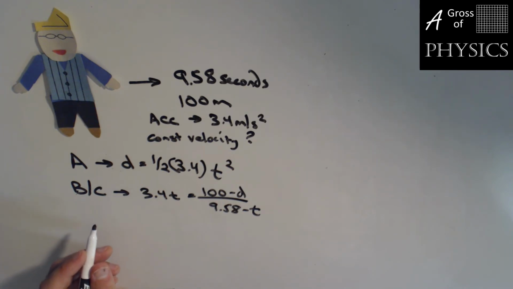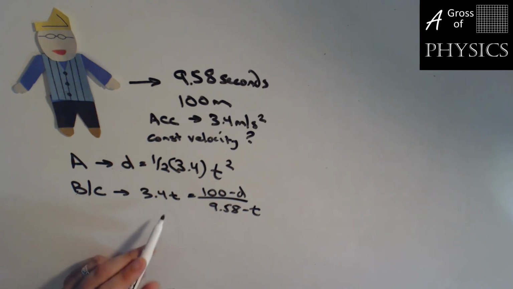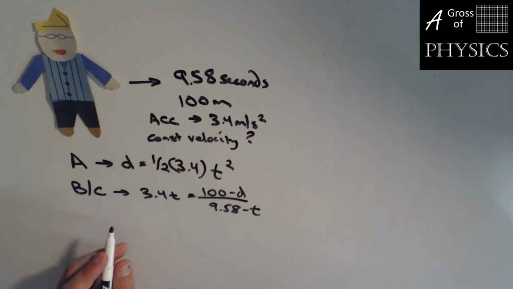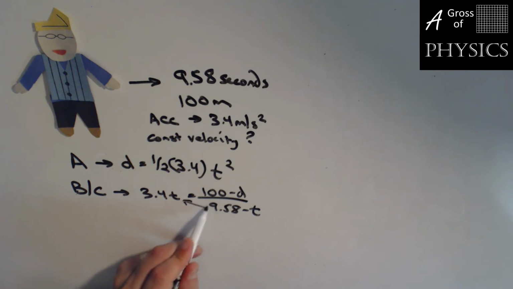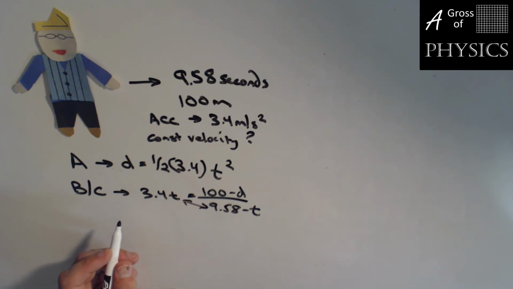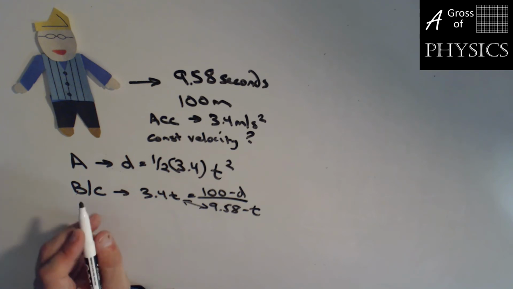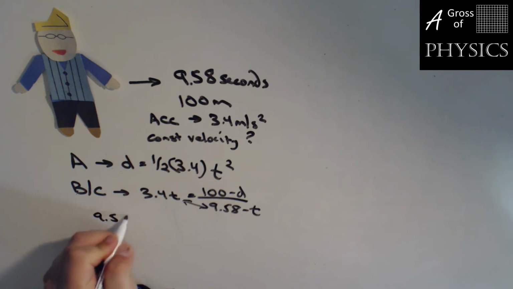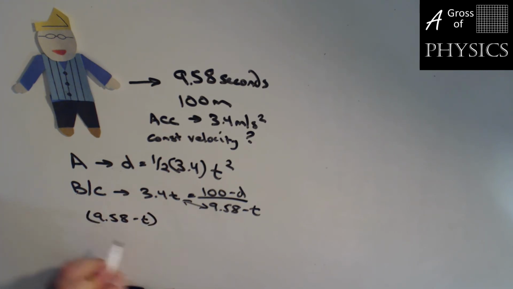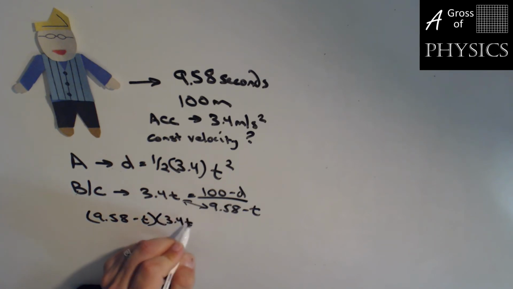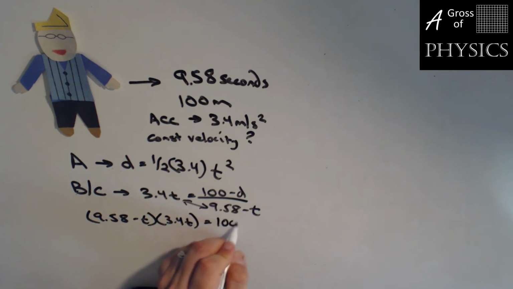All right, now that we have a little bit more room, what we'll do is rearrange equation BC and make it a little more useful to us. What I'm going to do first is cross multiply the (9.58 minus t) times 3.4t. So (9.58 minus t) times 3.4t is going to equal 100 minus d.